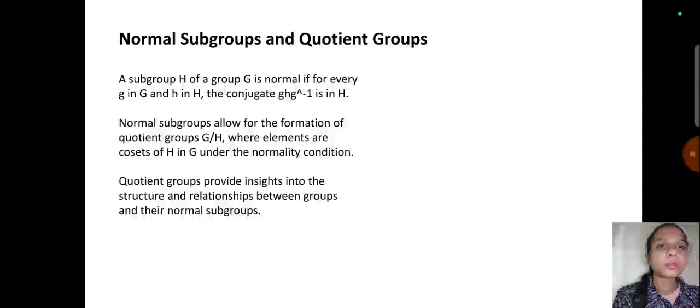Quotient groups provide insights into the structure and relationships between groups and their normal subgroups. This is about the normal subgroups and the quotient groups.